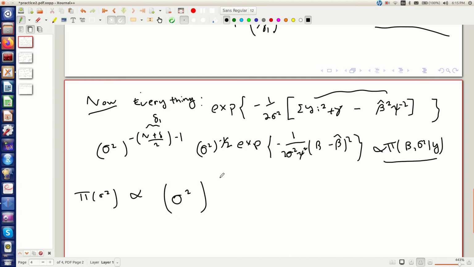Okay, so again, this is delta 1. Delta 1 over 2 minus 1. And then this one. So actually, I should combine these two. Okay, so this is a new parameter. And then here we're going to have some other stuff. This is gamma 1. And all this squared.